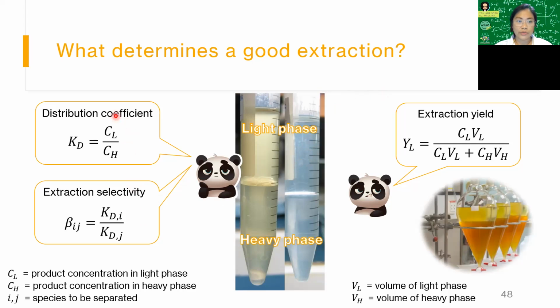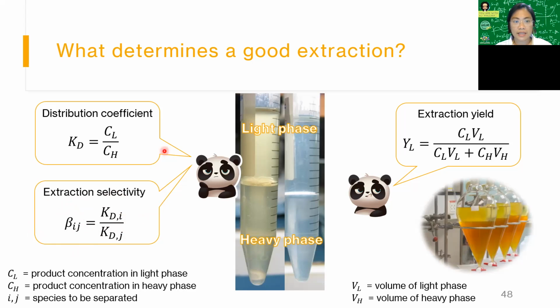So when you take the distribution coefficient of your product and impurities, you get the KD for each of them, you divide them, and then you get the extraction selectivity. So if i is your product and j is your impurity, of course you need your selectivity to be very high, so you make sure that your product can dissolve more into the solvent that you are choosing.